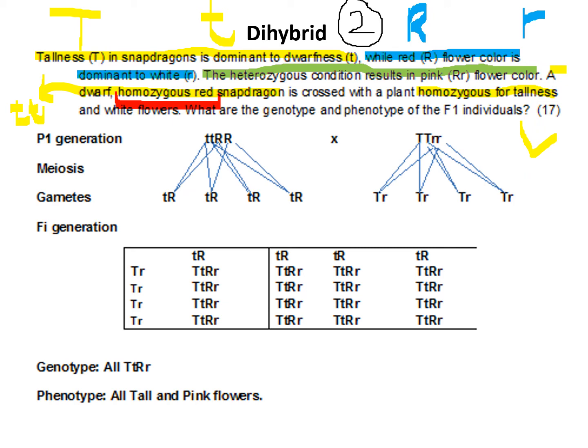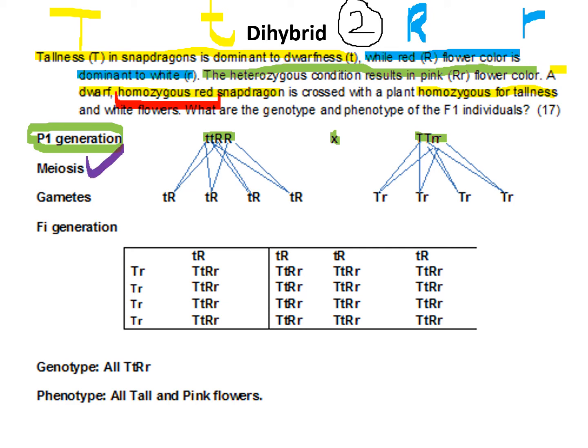So firstly, when we look at a genetic cross, we have to start off with our P1 generation, and our P1 generation is going to be our first snapdragon, which we saw was small t, large R, times large T, small r. So T and R are the letters we use for two different traits. That makes sense because we are in a dihybrid cross.